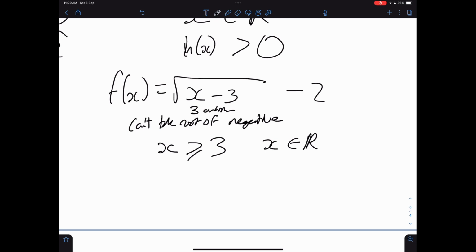So f of x is going to be greater or equal to minus 2, because if we make x 4, 4 minus 3 is 1, square root of 1, minus 2 is negative 1, which is greater than negative 2, so it's going to keep getting greater. This concept of making it equal 0 will be very helpful when we come to inverse functions.